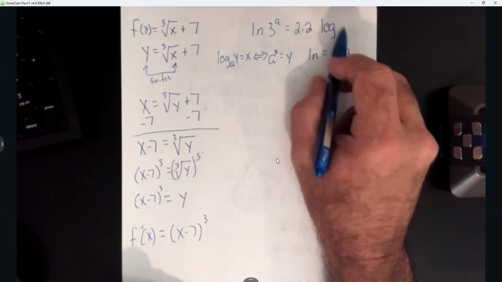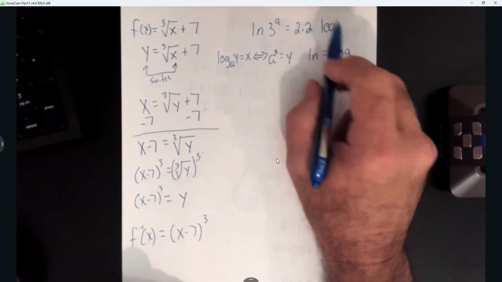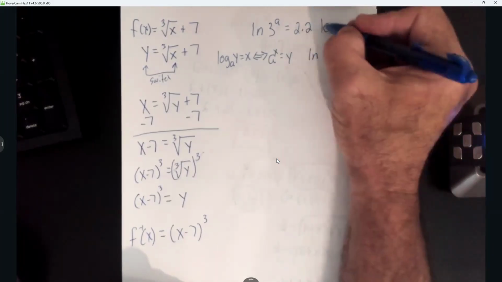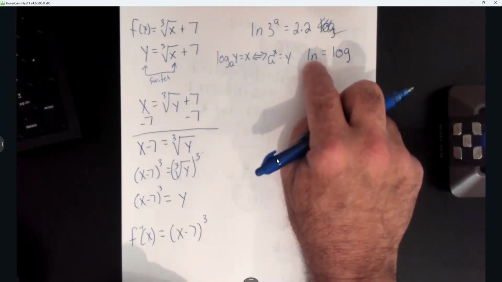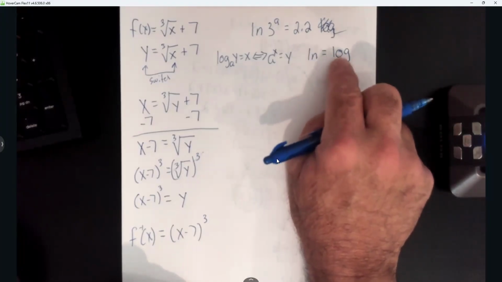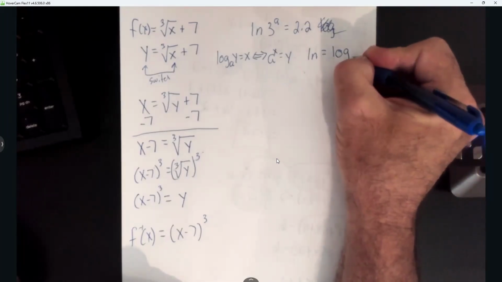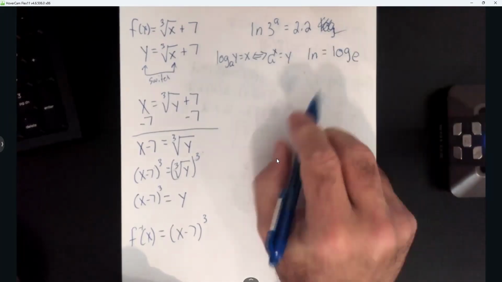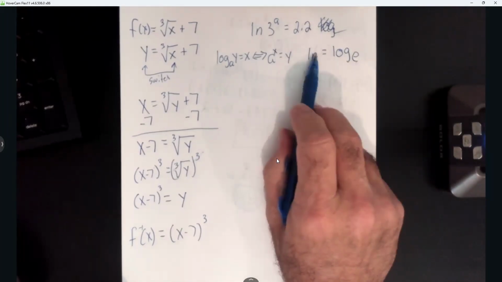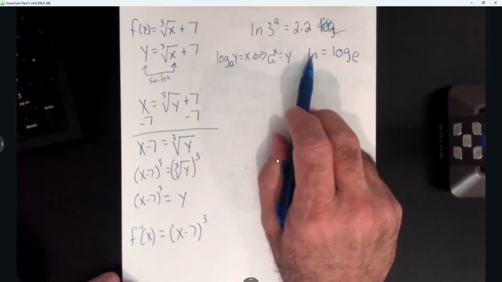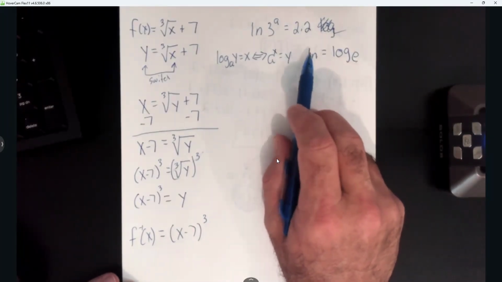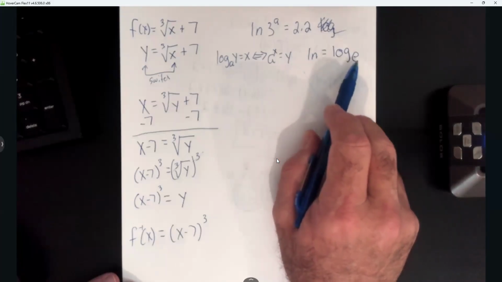If it's just a log like that, that would be a log base 10. But y'all, we don't have a log. We got an ln. So what is the ln? Remember, it's the log base E, the one that has the log base E for Euler's number. This is the natural log. So remember, it's really a log base E.